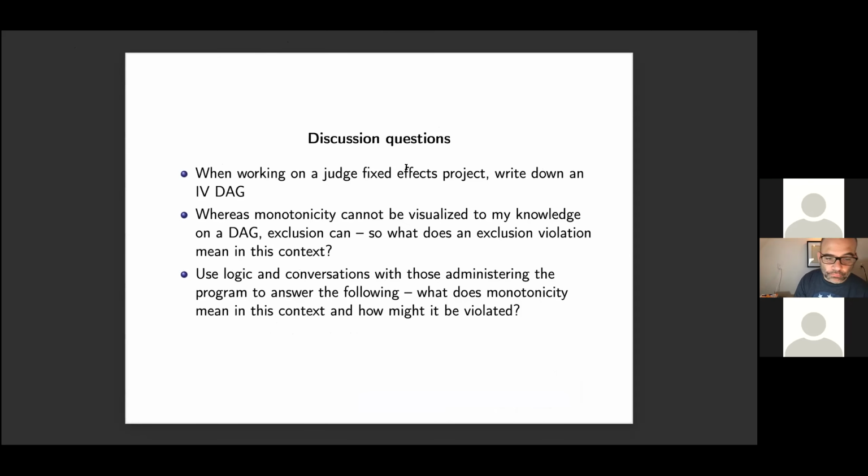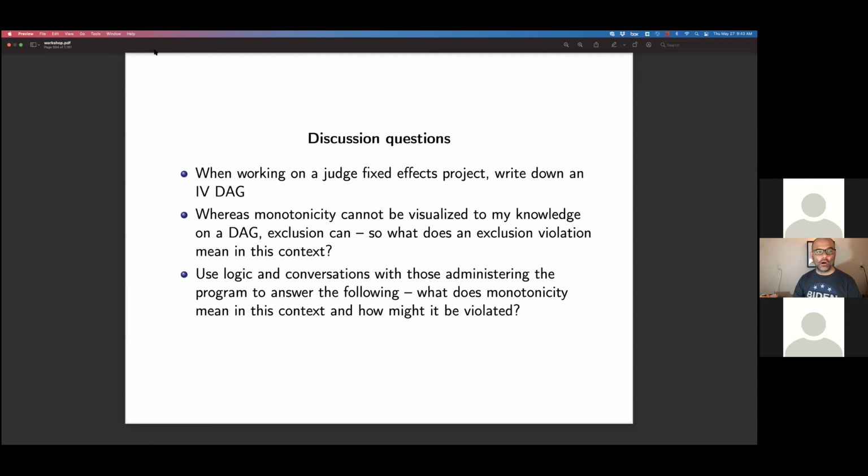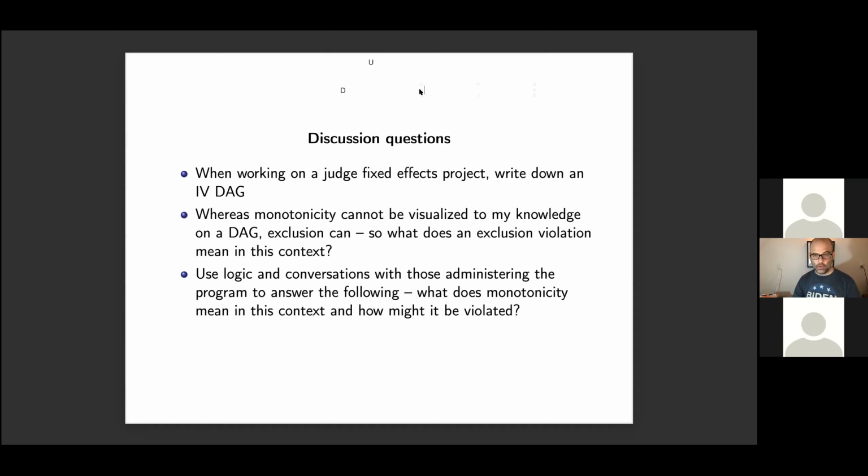So anytime, this is what I recommend, okay? When you are working on an IV paper, you write down this diagram.